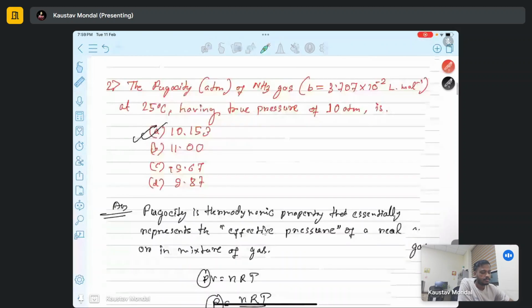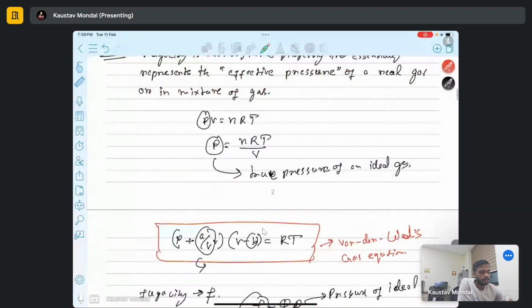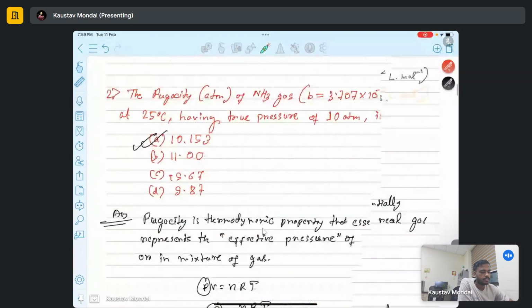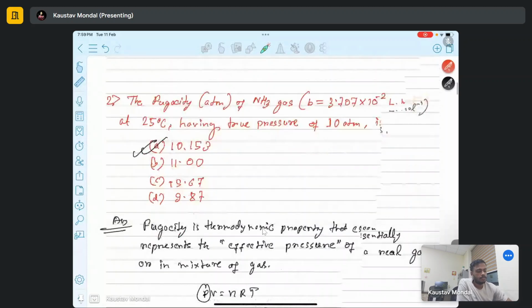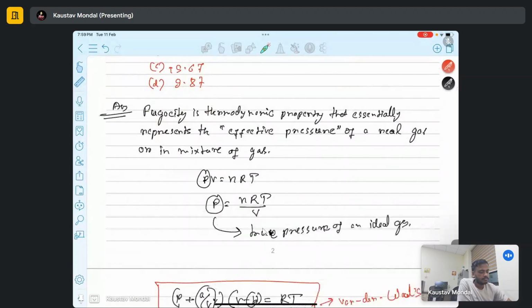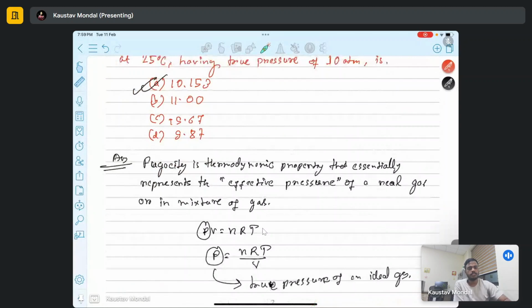In the second problem, we got a new concept of fugacity, which is basically pressure. But in a realistic system, if you consider intermolecular forces and the volume of the atom, it will deviate from the regular pressure term used in the ideal gas.